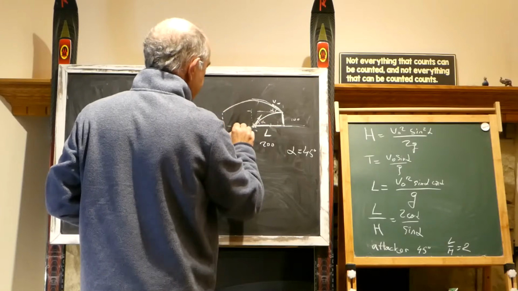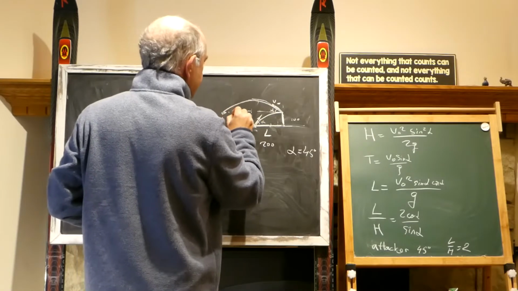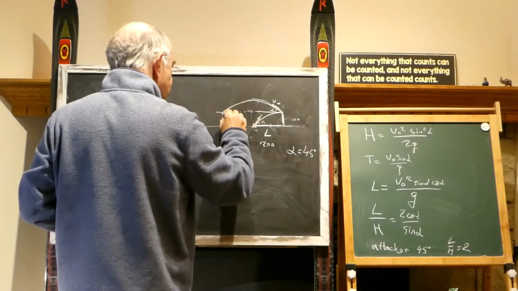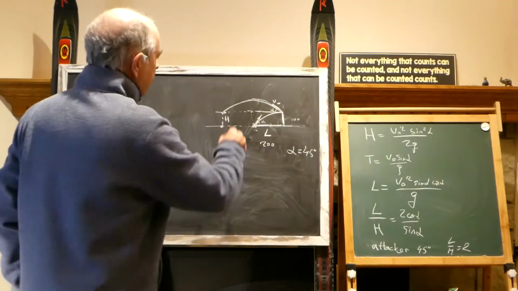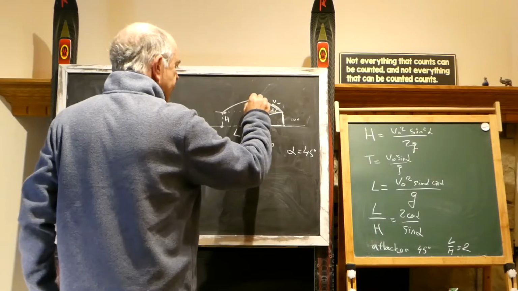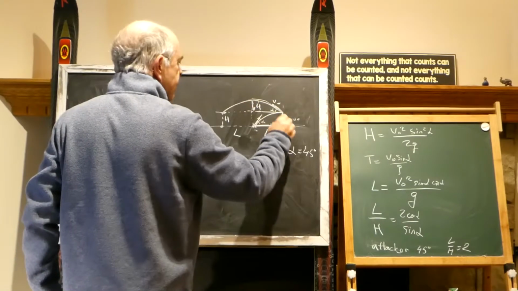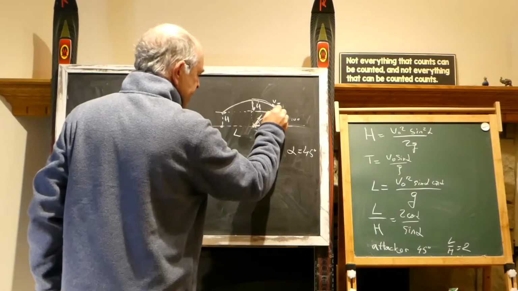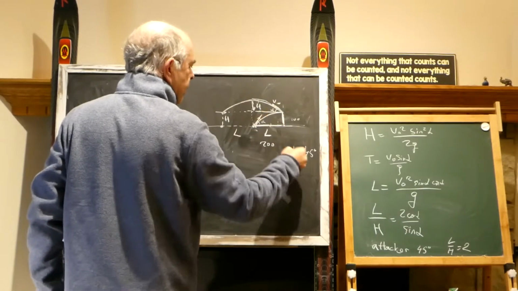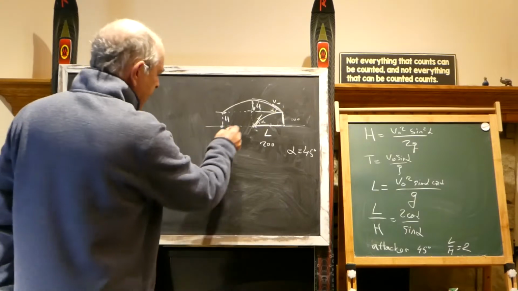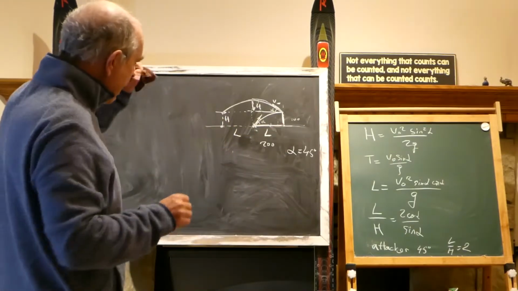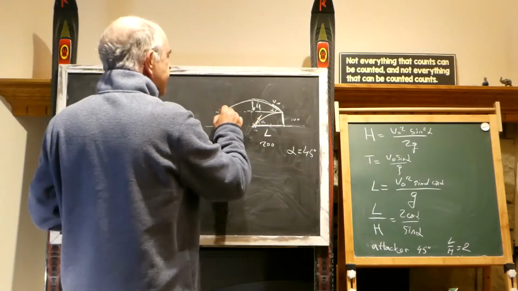This would be another L, and this would be the same altitude h, so it will go up another height h, and it will be a parabola directed this way. If this is the same v0 and the same alpha, 45 degrees, this distance will be double L, and the arrow will still be in the air.